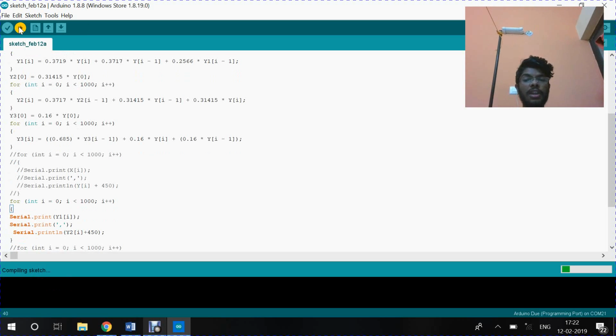Now again we'll observe the output of the low pass filter for the cutoff frequency of 30 Hz and the cutoff frequency of 10 Hz. It will take some time.